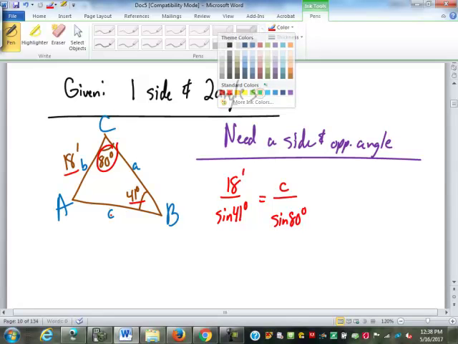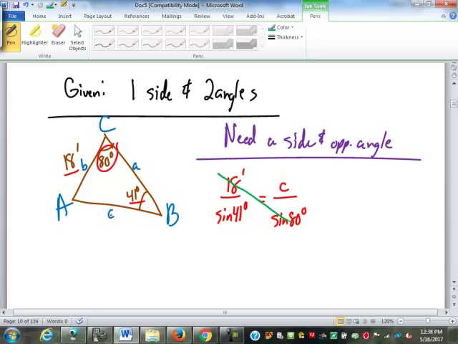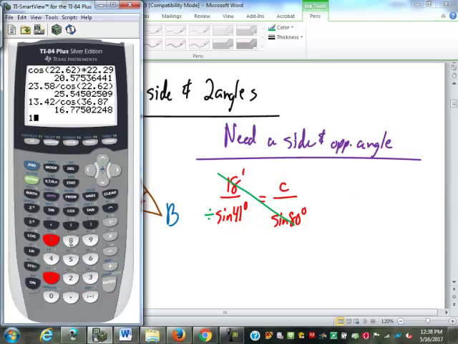So now we will cross multiply and divide. It's going to be 18 times the sine of 80 divided by the sine of 41. These are degrees, yes. Now you do 18 times sine of 80. Make sure you close your parentheses, then divided by the sine of 41. 27.02.